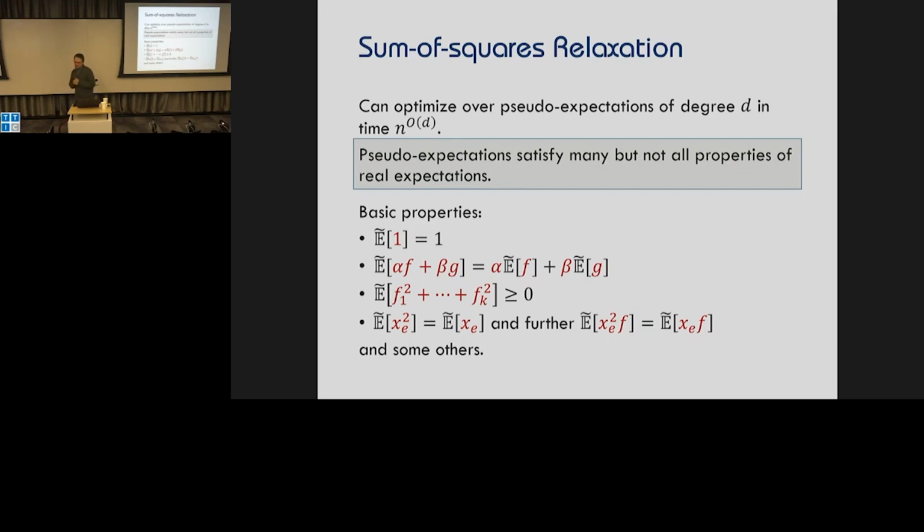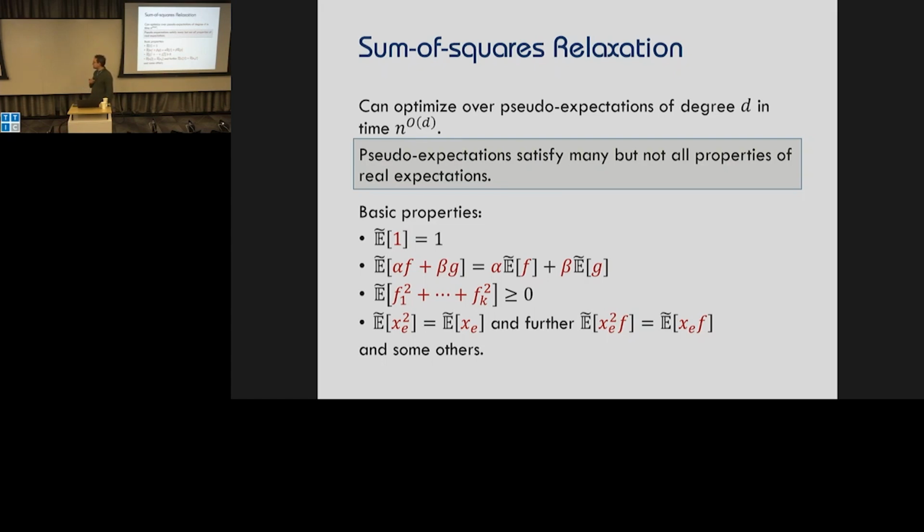Let me just mention some basic properties that a pseudo expectation satisfies. For example, as a standard expectation, the pseudo expectation of a constant is equal to the constant. Let's say the pseudo expectation of 1 is 1. Then pseudo expectation is a linear function. That's a very important property. So the pseudo expectation of alpha f plus beta g is alpha times the pseudo expectation of f plus beta times the pseudo expectation of g.